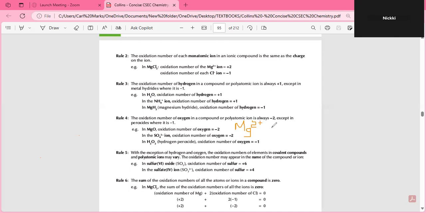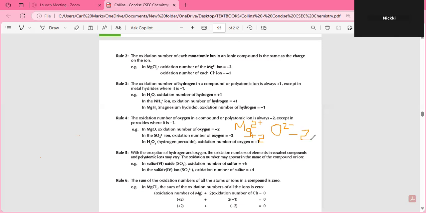For the oxygen, oxygen has to have 2 minus. Good. So these 2 ions combine to give magnesium oxide. So if we were to write the oxidation states, magnesium is +2 and oxygen is what? -2. Good. All right.